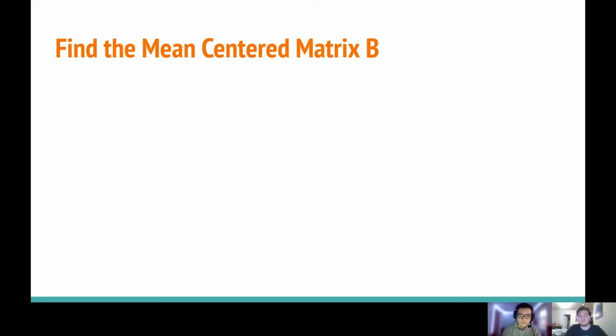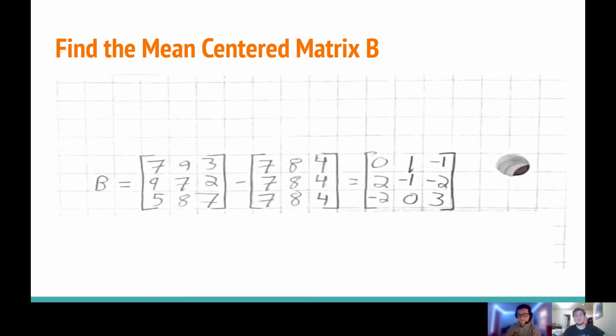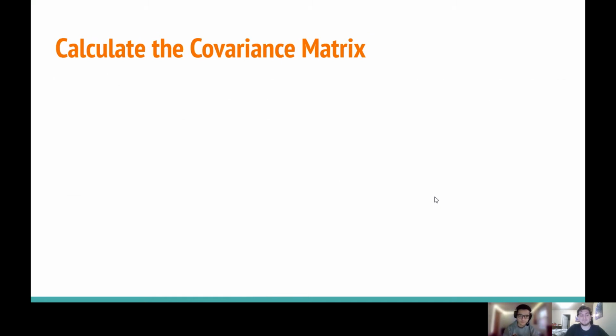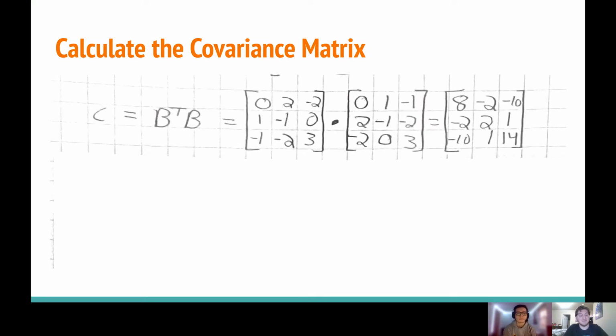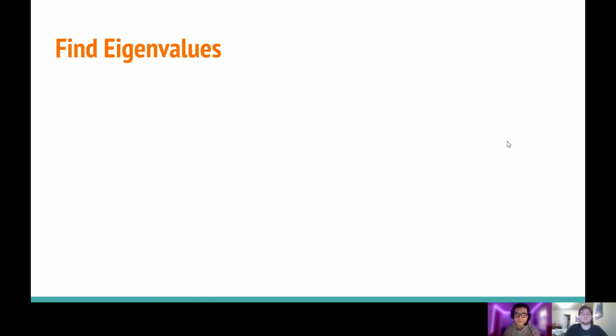Now let's subtract the average data matrix from the original matrix to get our mean-centered matrix B. And we end up with 0, 2, negative 2, 1, negative 1, 0, negative 1, negative 2, 3. The next step is to find the covariance matrix by multiplying the transpose of B times B. And here's what that looks like. We end up with 8, negative 2, negative 10, negative 2, 2, 1, negative 10, 1, 14.